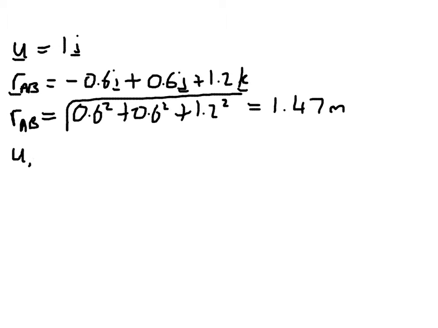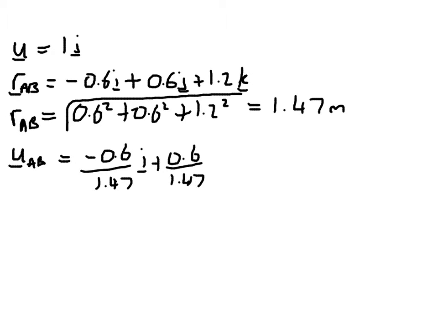My unit vector A to B, which I only need to get the Cartesian force A to B, is then going to be minus 0.6 over 1.47 I plus 0.6 over 1.47 J plus 1.2 over 1.47 K.